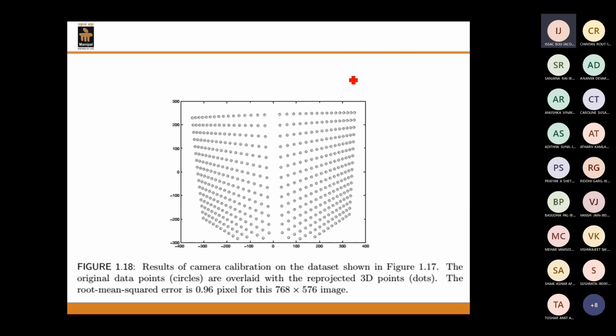This is again the same example which shows that, and if I calculate the root mean squared error over here, in this particular example it is 0.96 pixel for this image. If you observe this clearly, inside all of these small circles you have cross points. These small circles determine the actual position, or the actual coordinates, of the correspondence image points.